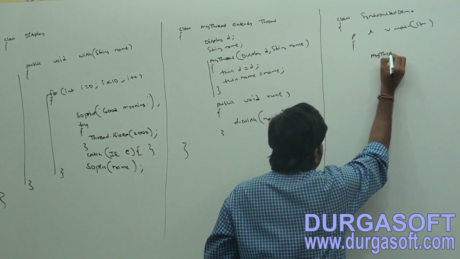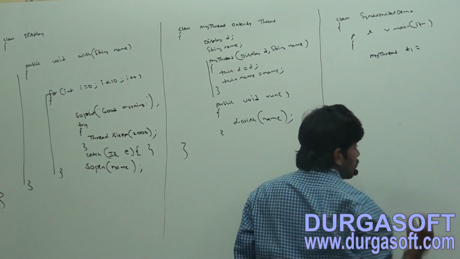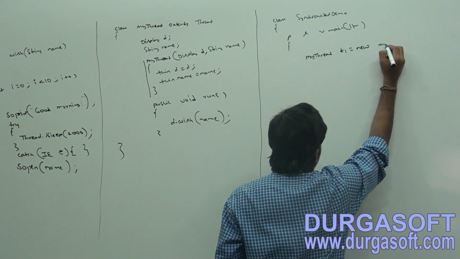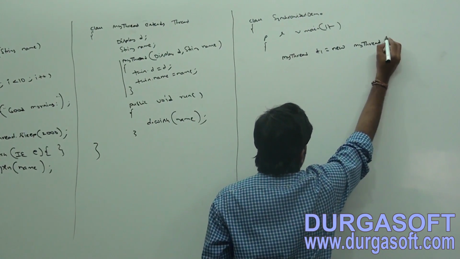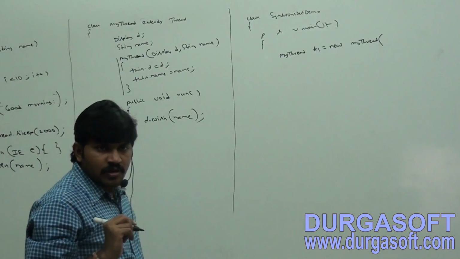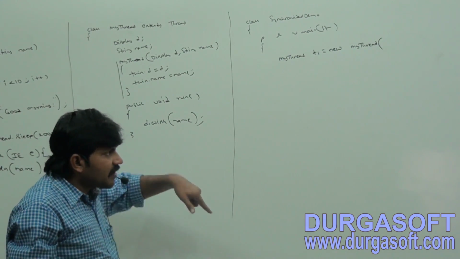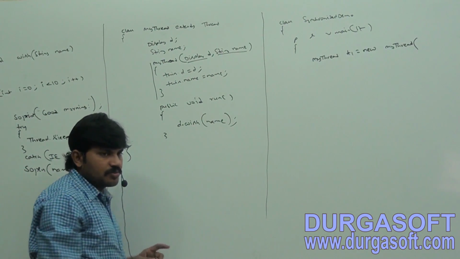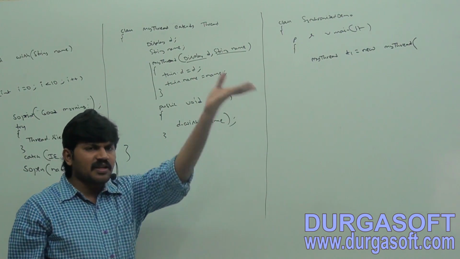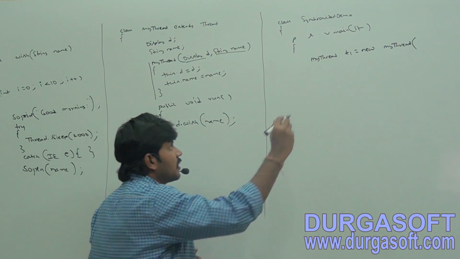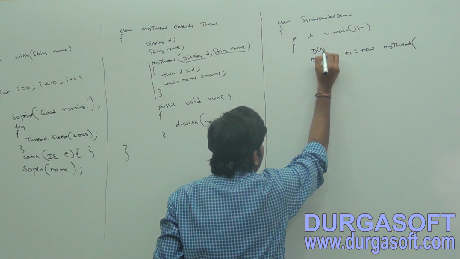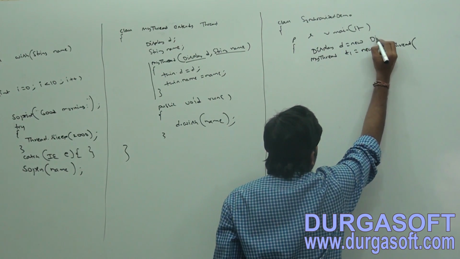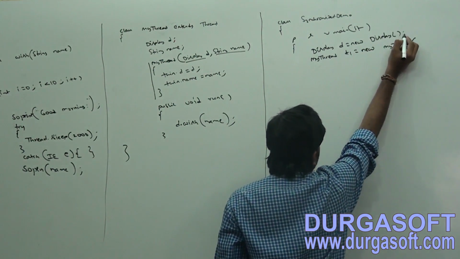MyThread t1 = new MyThread of... but to create a MyThread object, a display object and a string name are compulsory. Any name I can pass for the string, but let me create one display object at the beginning. Display d = new Display().